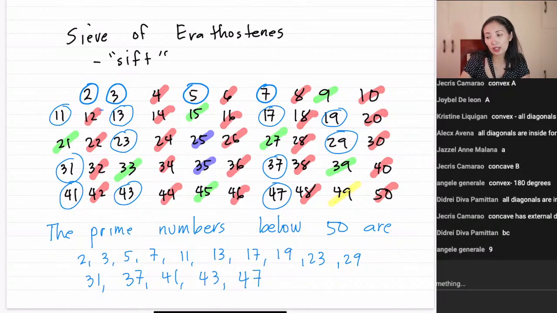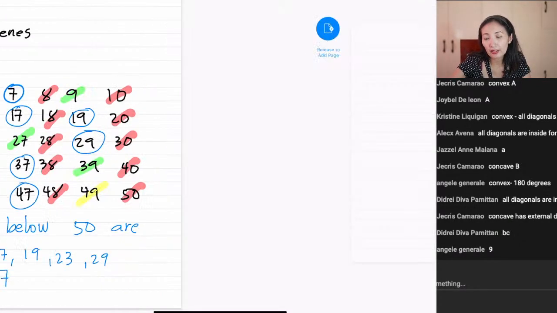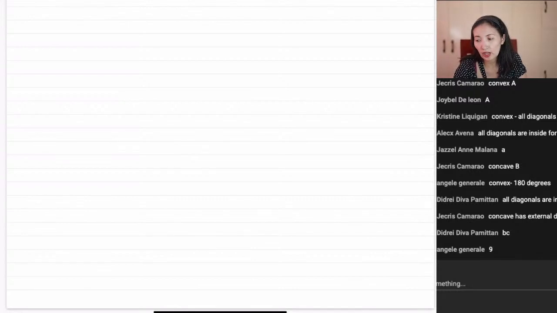Now the question is, what if I give you a quite large number, and how will you tell whether it's prime or not? For example, is 413 a prime number?